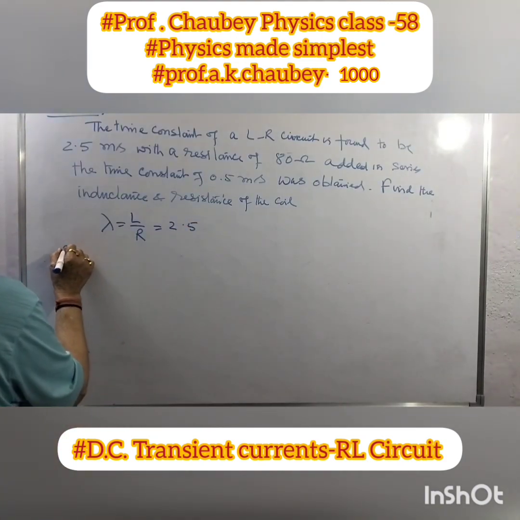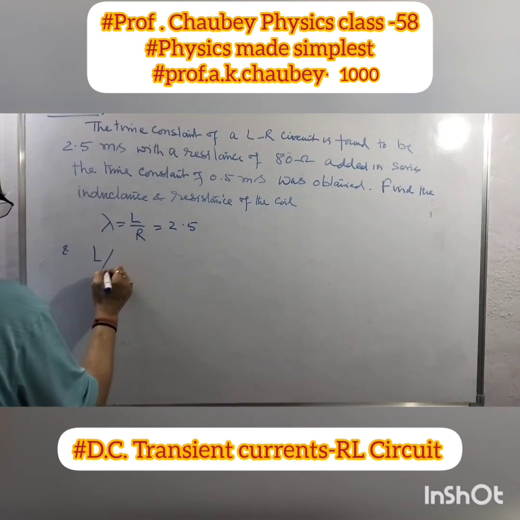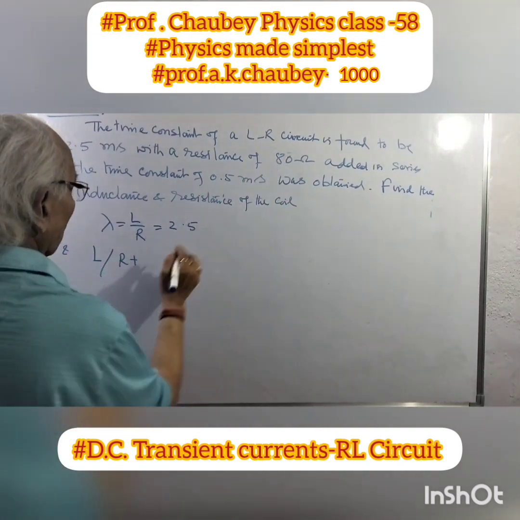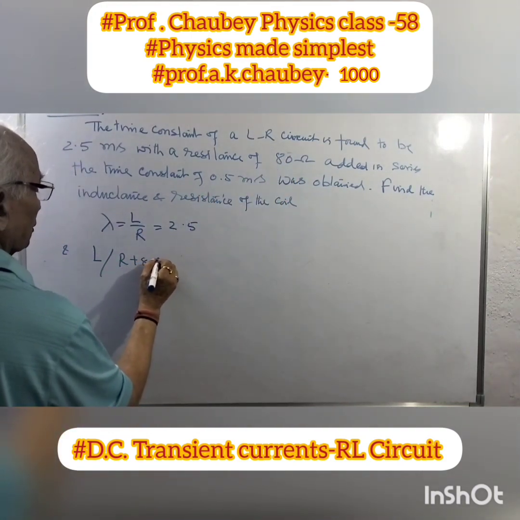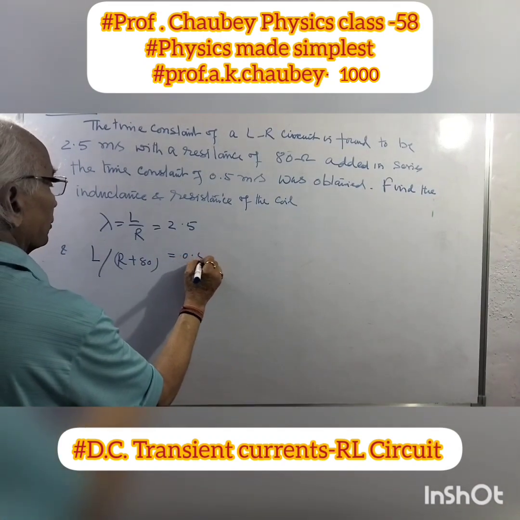And again, L over R plus 80 ohm. With this resistance increase, it becomes 0.5.